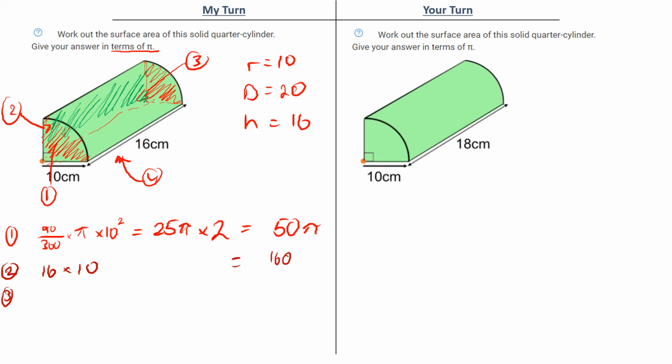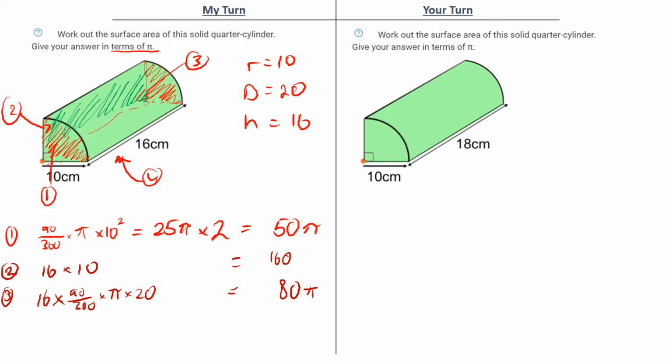So we've got a height of 16 again, times, remember this length here is going to be a quarter of the circumference, so it's theta over 360, 90 over 360, times pi times the diameter, which is 20. So that's going to give me 80 pi.